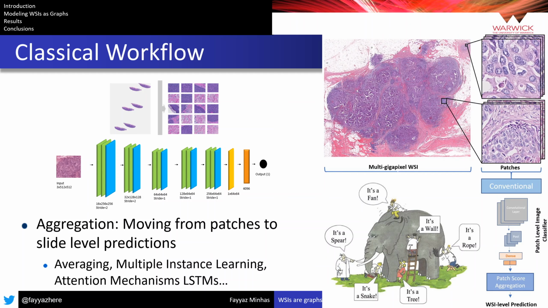And together with this aggregation problem and all the other problems that we discussed earlier, the whole slide images being very large and not being able to fit into the GPU memory, having a limited number of detailed annotations, and all the problems that we talked about earlier.